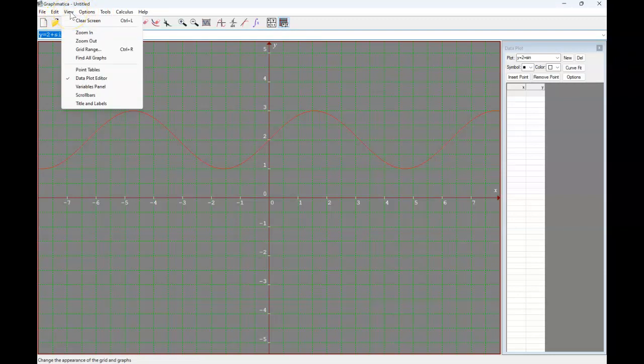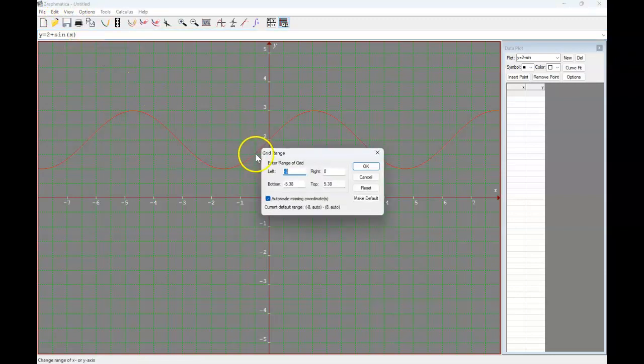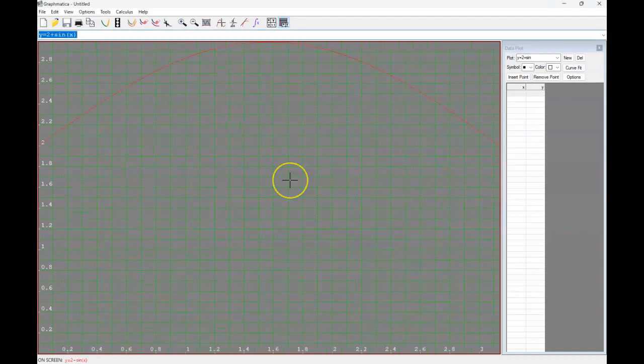And we want grid range 0 to pi, and we just want to go from 0 to 3, which should be enough. Okay, so this is my picture.